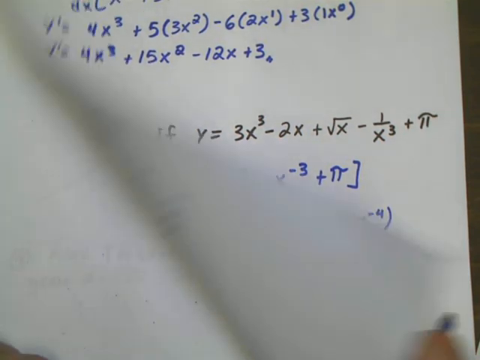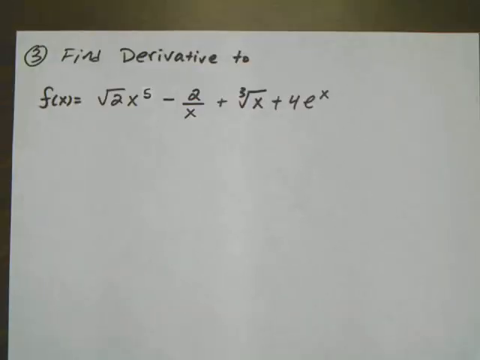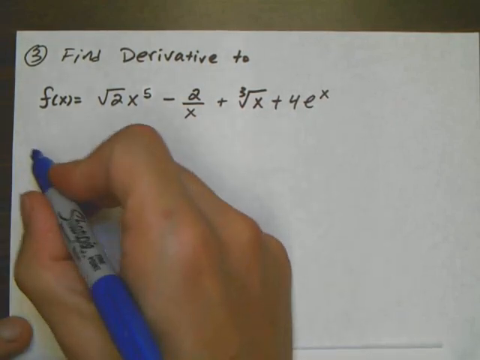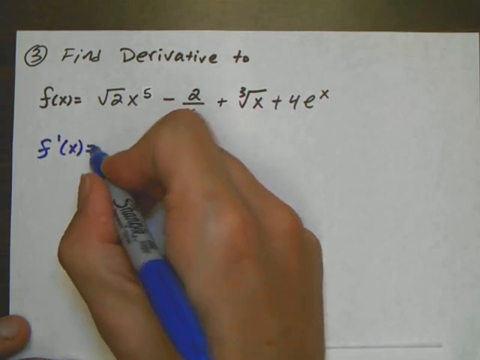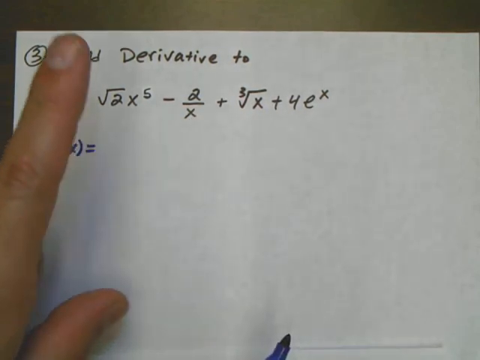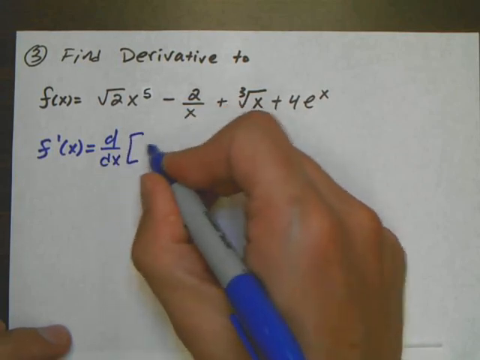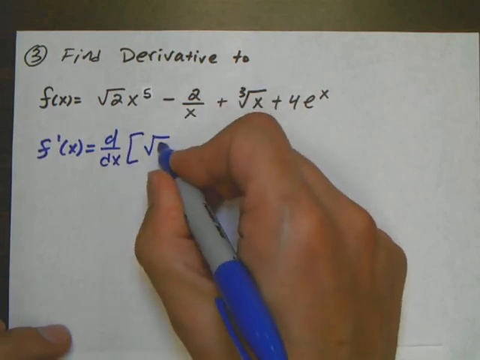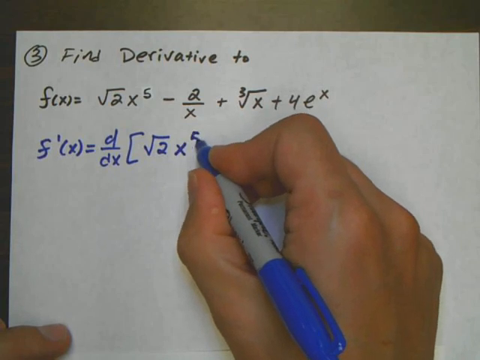Alright, last example. This one up here, sorry. Find the derivative of this. f prime of x is the derivative with respect to x of all of this. The square root of 2 is just a constant, and I'm multiplying that by x to the 5th power.